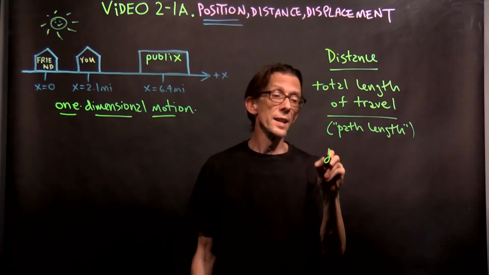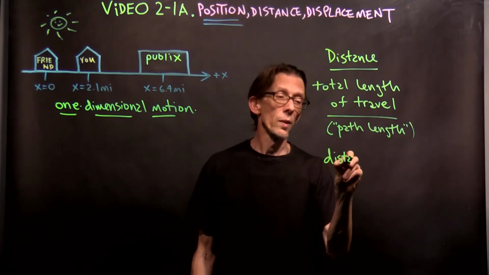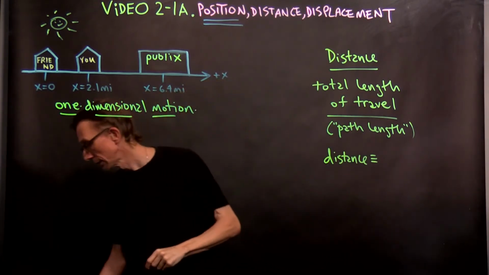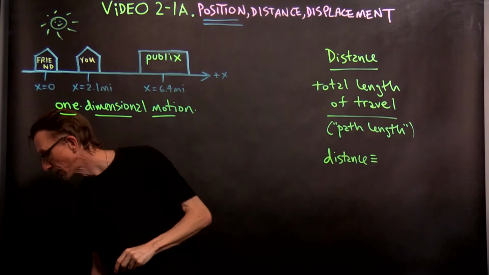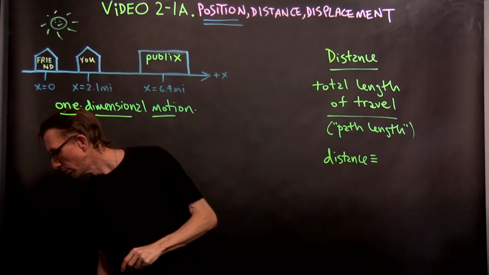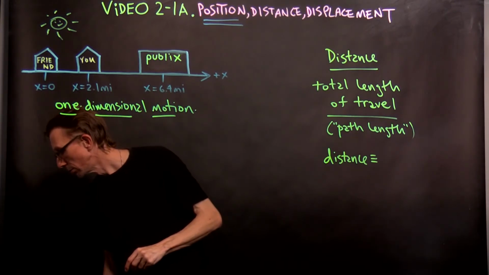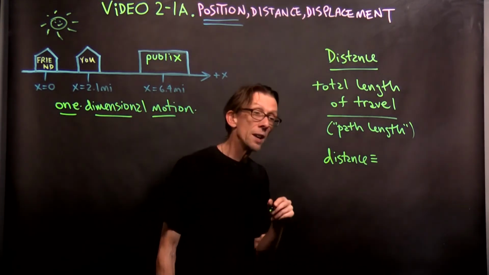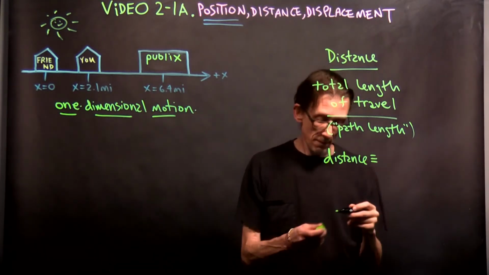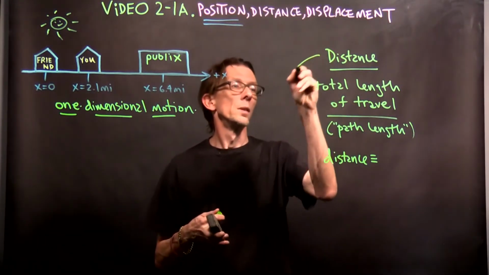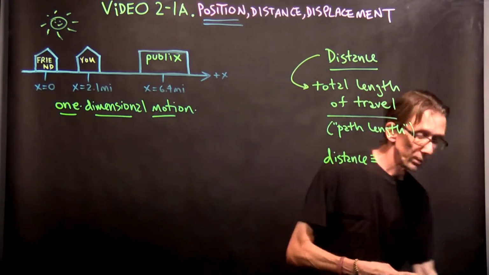And the distance D, I'll just write out distance, is defined as, how do I have it written here? Pardon the pause there. Distance is defined again as, this is the definition of it, total length of travel.